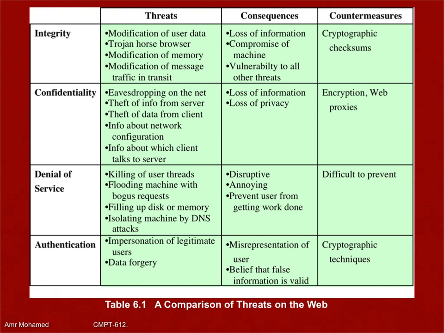Confidentiality, of course, involves eavesdropping, and using eavesdropping, we can, in fact, read some confidential information. For authentication here, we can use impersonation to affect the web server. The one that is by far the trickiest one to mitigate is always the denial of service.